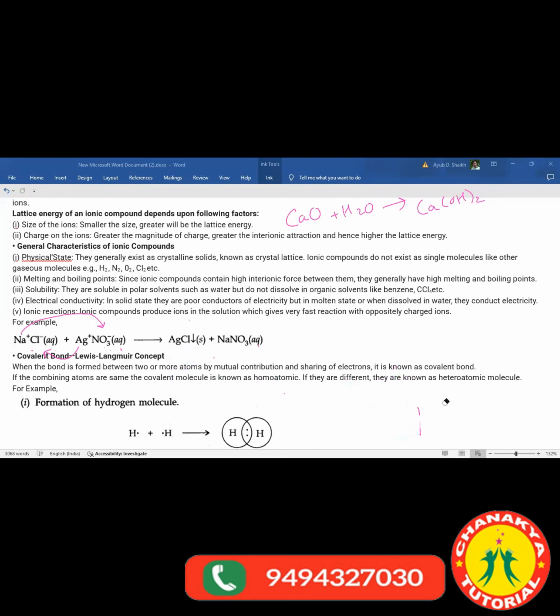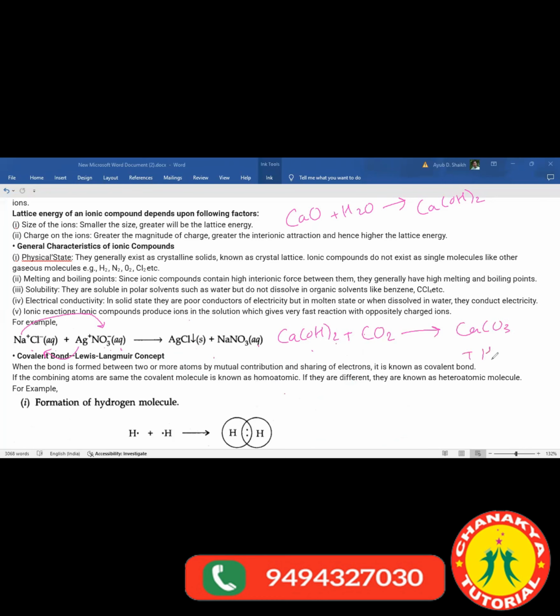This reaction is not an ionic reaction, but it is double displacement. Correct? This also you might have learned last year, right? Ca(OH)2 plus here what? CO2. Carbon dioxide when blown through which water? Lime water. Correct? You will get what?